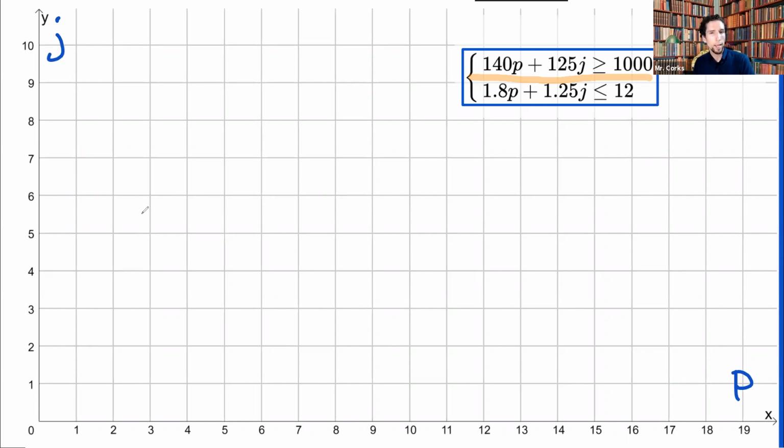But looking at the scale of our graph, and if we remember for our variables here, P cannot be like 0.001 or something. P, it's number of protein bars. It's 1 or 2 or 3. They must be whole numbers. So we don't need to be this precise probably with our number, just 7.14, probably good enough.